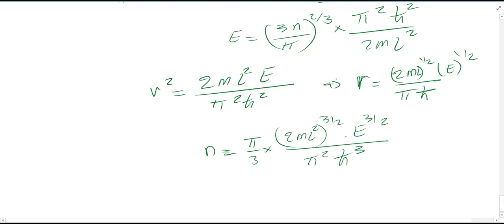When I take L squared to the power 3/2, that is L cubed, which is just the volume. So that is an important note in here.